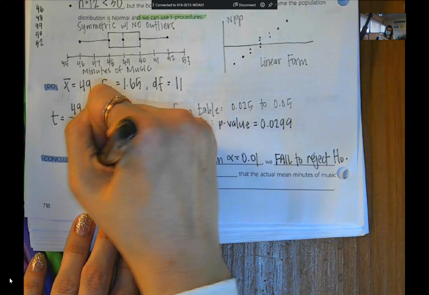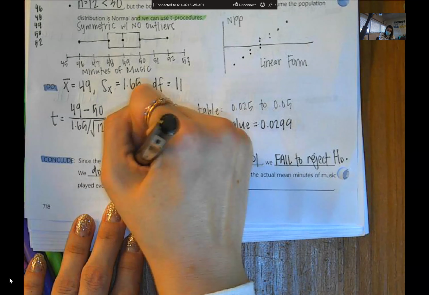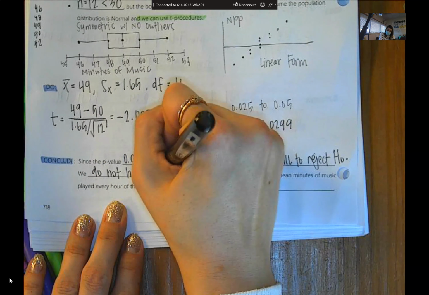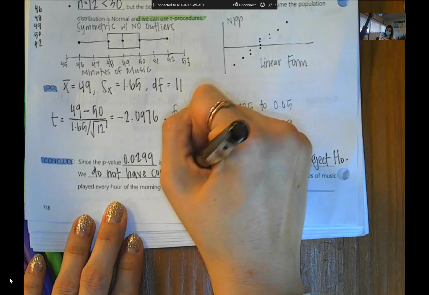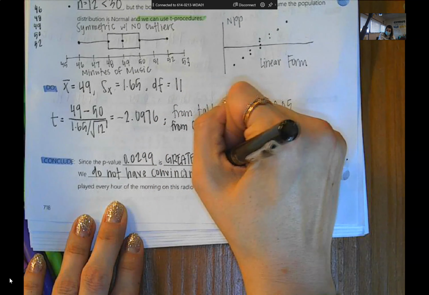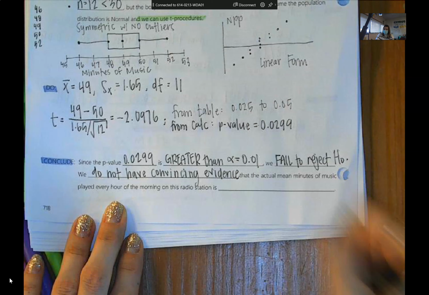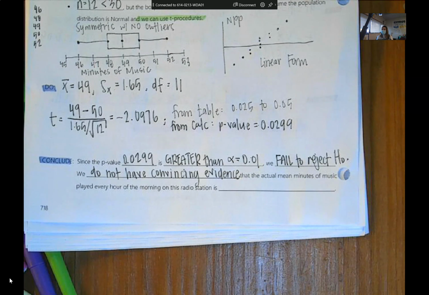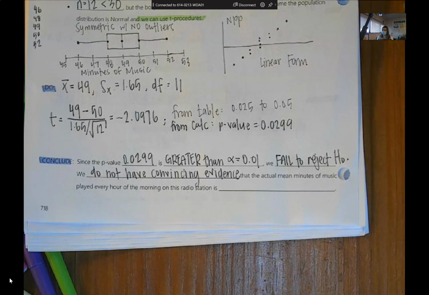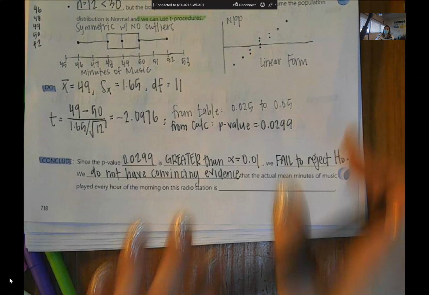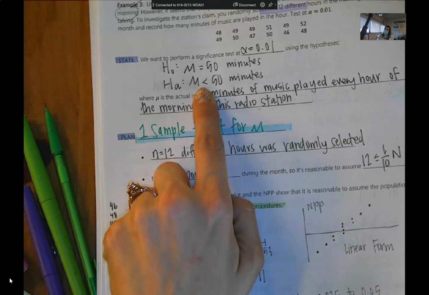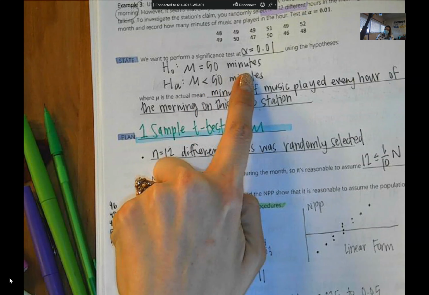We do not have convincing evidence that the actual mean minutes of music played every hour of the morning on this radio station is, and then we use the alternative, less than 50 minutes.